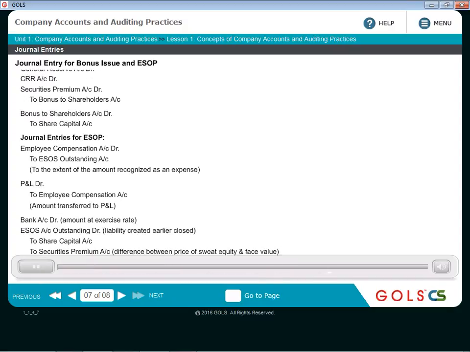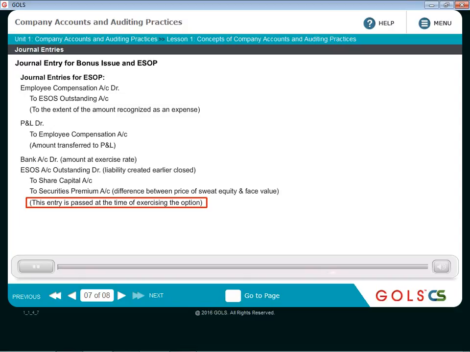Now at the time of exercise of the options, the company is receiving 5 rupees. So in the third entry that we spoke about just now, bank account will be debited by 5 rupees. Employee stock options outstanding will be debited by 7 rupees, because that is the difference between 12 and 5. So total debit will be 12. To share capital account 10 rupees, because that is the face value. And the remaining 2 rupees will go to securities premium account, that's the difference between 12 rupees and 10 rupees.